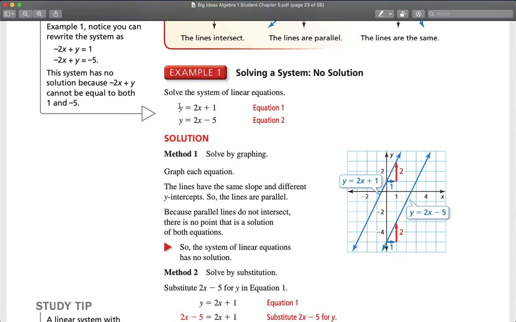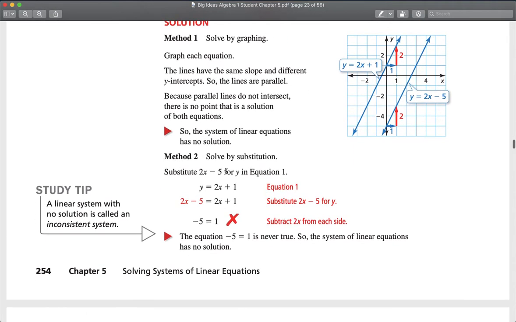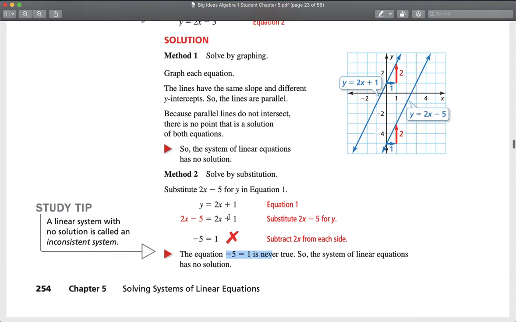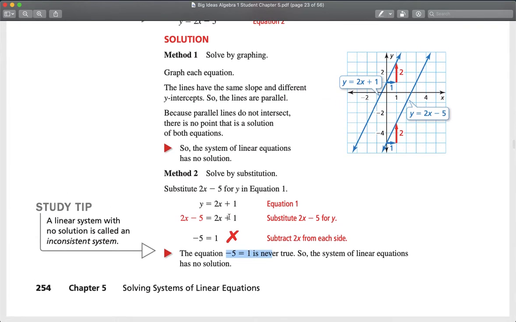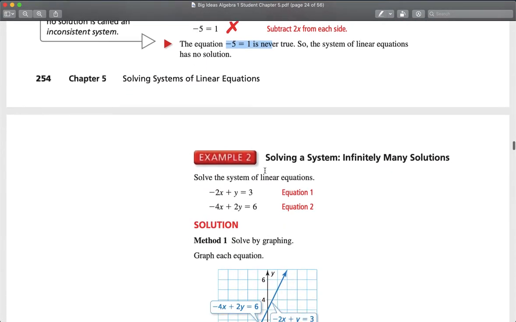So if you add them up, these cancel out, you get 0. If you add these up, they cancel out, you get 0. So in the end, you end up getting 0 equals 6. Now, is that a true statement? It is not a true statement, right? This equation is never true, therefore the system of linear equations has no solution. You can use all three methods. This is what we've been doing all this time. We've been graphing, we've been substituting, and we've been eliminating.